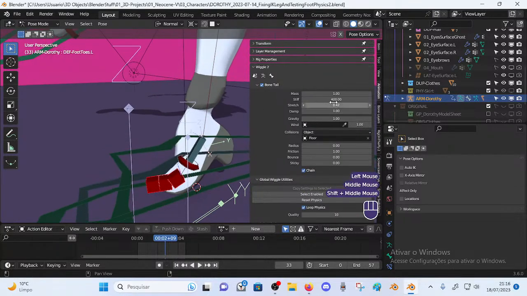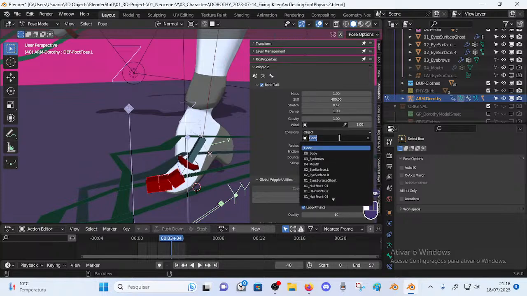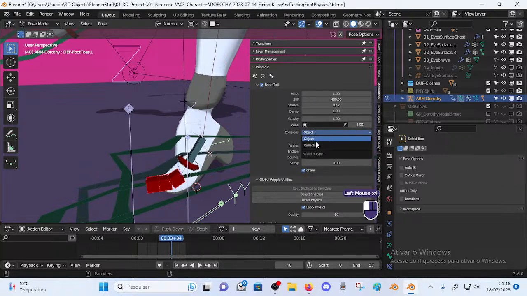I've tried a lot of things, but mostly stretch was relevant. Damp 1, yes. Most things are equal. Friction, yes, lots of friction. And collision, yes, to the floor. And this might actually be updated as a collection.